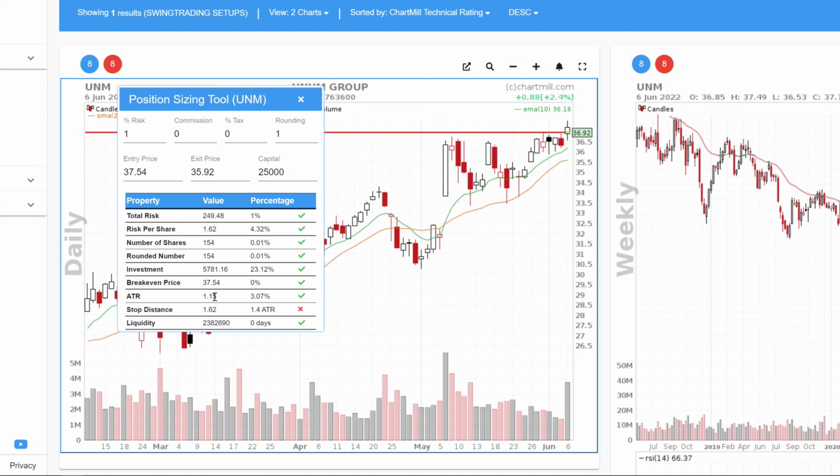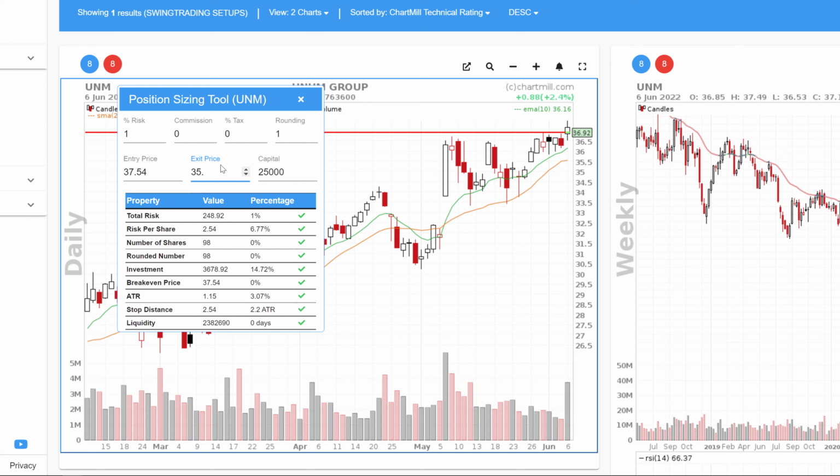Now, my personal preference is 1.5 average true range as a minimum, but of course it depends greatly on the overall volatility, the volatility in the stock itself and the volatility of the overall stock market. So especially these kind of days with high volatility, I would highly recommend to use 2 times the ATR as a stop distance. So then you have to change the exit price manually.